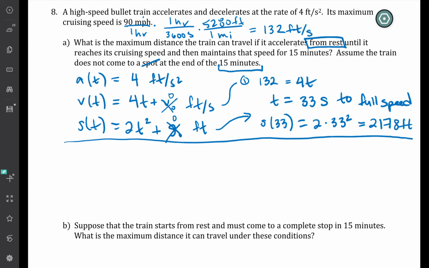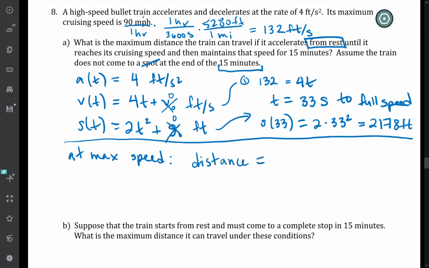After we've traveled the 2,178 feet, we have to proceed to spend 15 minutes traveling at 132 feet per second. So this is the at max speed part. The distance will be just a nice simple distance equals rate times time.